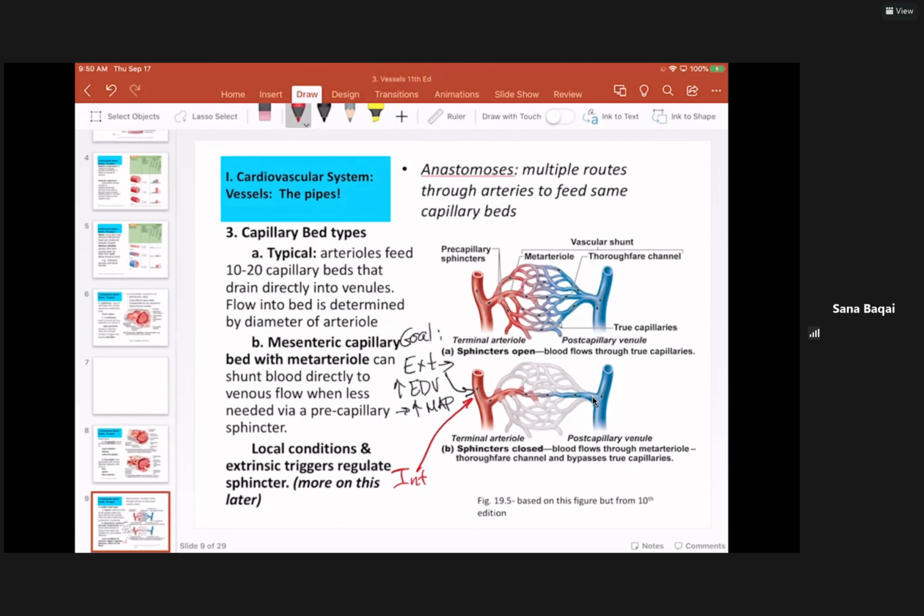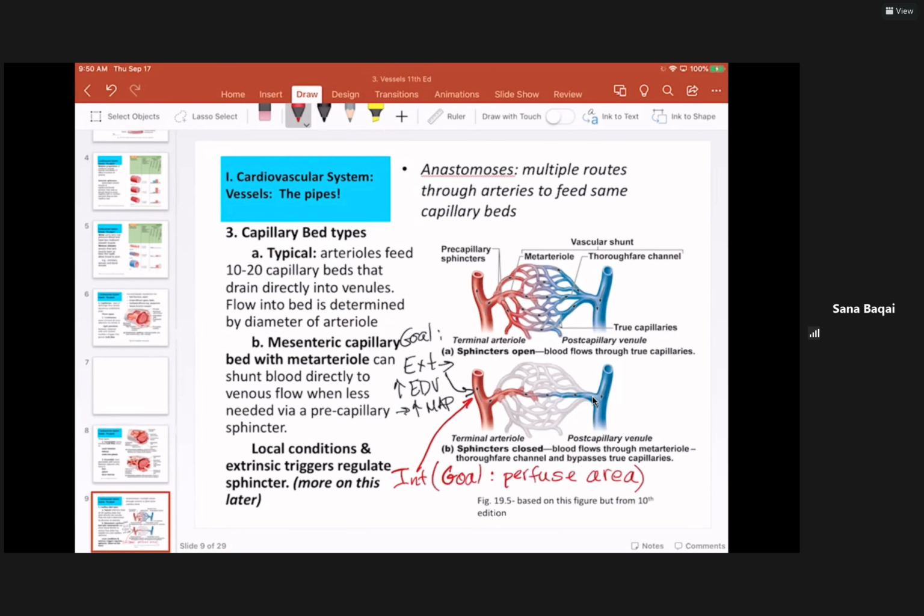So for intrinsic factors, they will typically override the extrinsic factors in the organs that need the blood more critically. So you have two classes, either vasodilators or vasoconstrictors. For vasodilators, you'll have increase in hydrogen ions, potassium ions, as well as CO2.